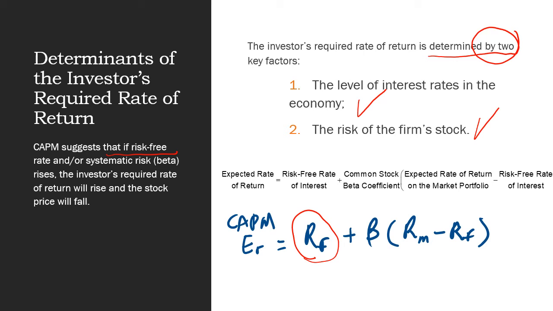Beta is the coefficient or the risk of the respective stock, multiplied by the risk premium. This is a risk premium. So risk premium is equal to the market return minus the risk-free rate.